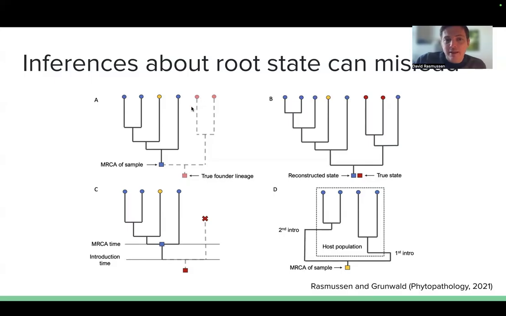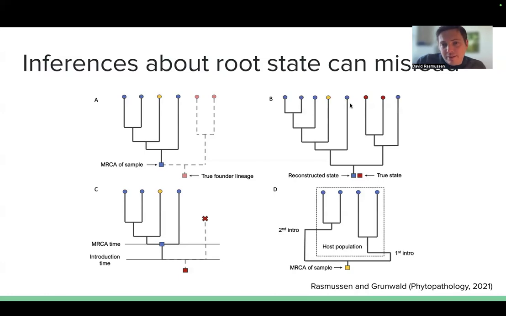So in this case, a pathogen truly arose in the red population, but we only sampled lineages from the blue and yellow populations. So we have essentially no ability to reconstruct the true red population as being the true origin.